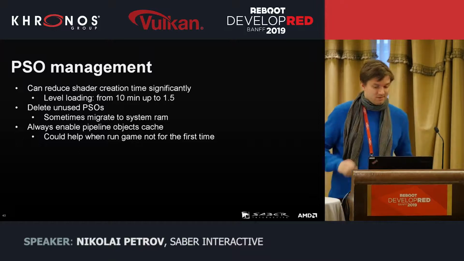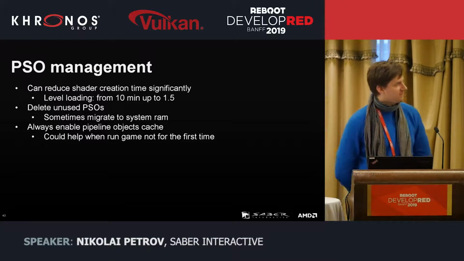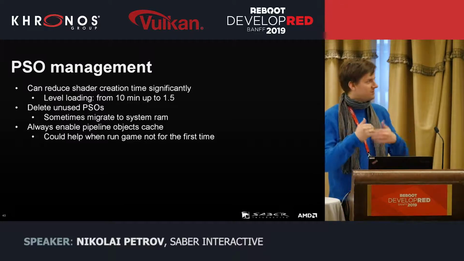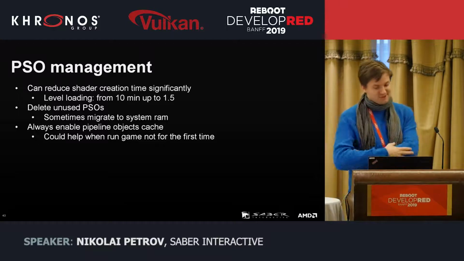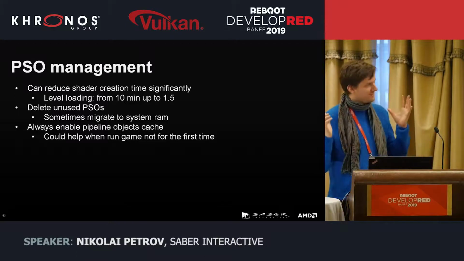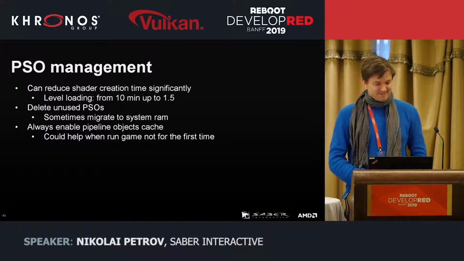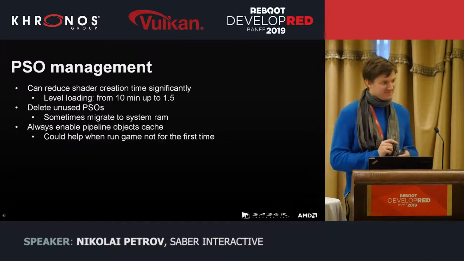One important thing is to delete unused PSOs between the levels, because the driver has a limit for its own storage, and PSOs sometimes can migrate to the system RAM, which leads to performance degradation. So that's it. Now it's time to listen to Jordan about some optimizations.